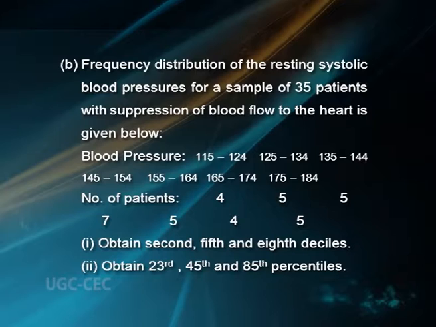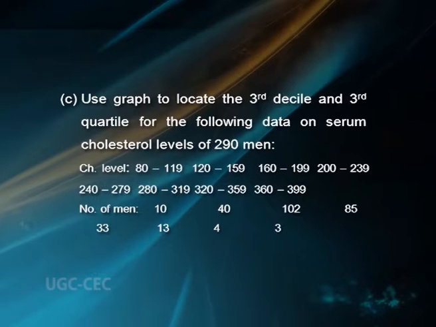The corresponding number of patients: 4, 5, 5, 7, 5, 4 and 5. Obtain the 2nd, 5th and 8th deciles. Obtain the 23rd, 45th and 85th percentiles.